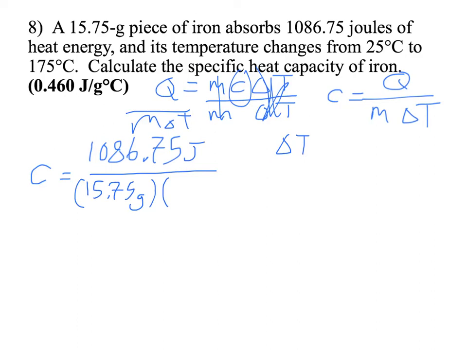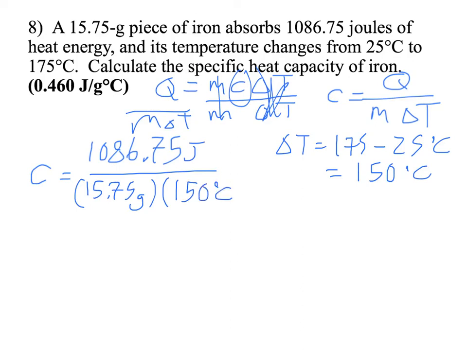Delta T, the final temperature is 175 minus the initial temperature, which is 25 degrees Celsius. So the change in temperature is 150 degrees Celsius. That is positive, by the way, since we're warming it up. If heat was going out, then both the Q and the temperature change would be negative, and we would still get a positive C.